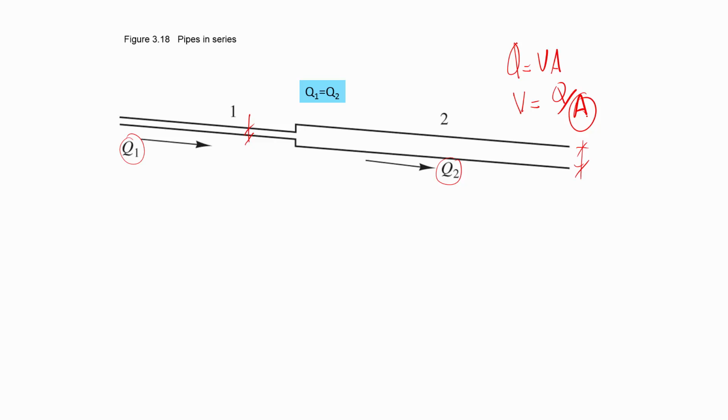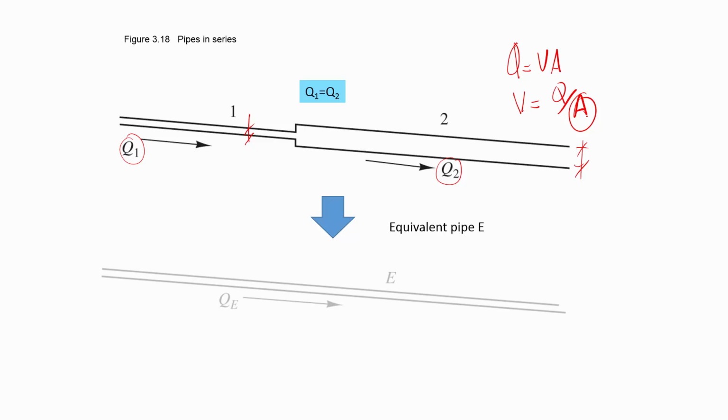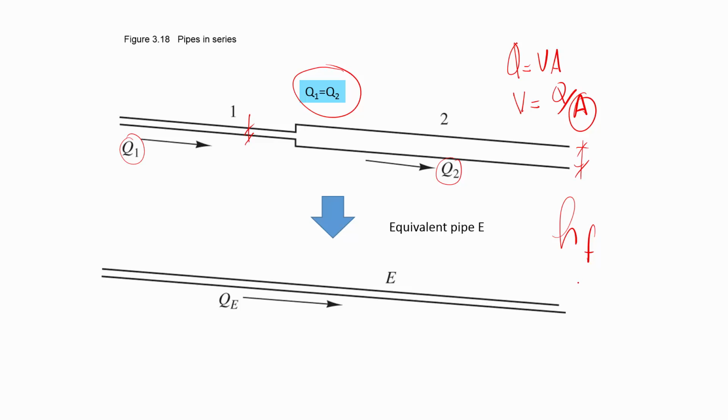We're going to determine an equivalent pipe, a hypothetical pipe that has an equivalent length where we have the same flow rate, Q, and also the same head losses across the pipe.